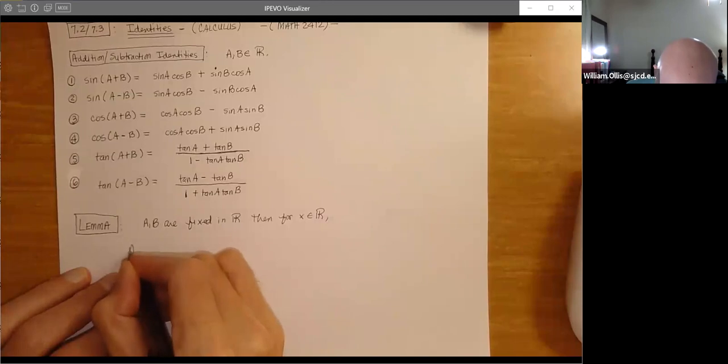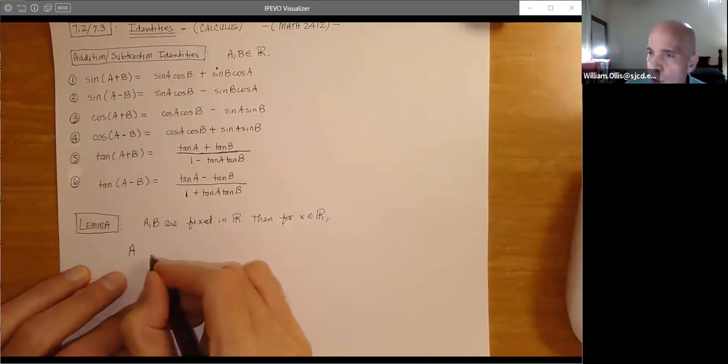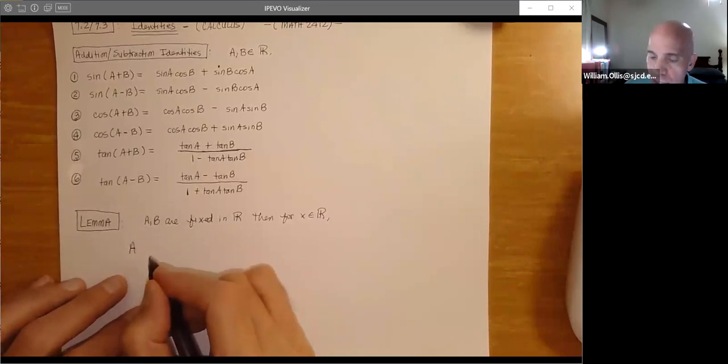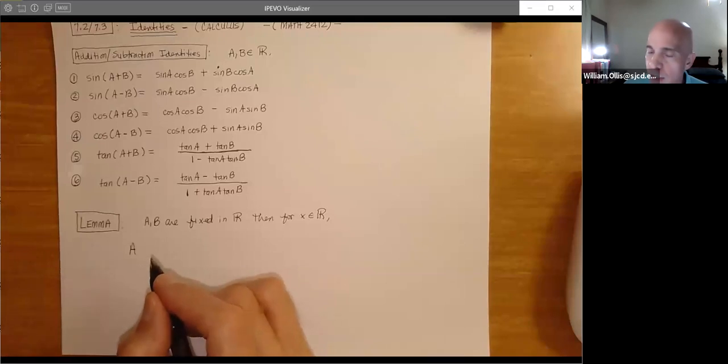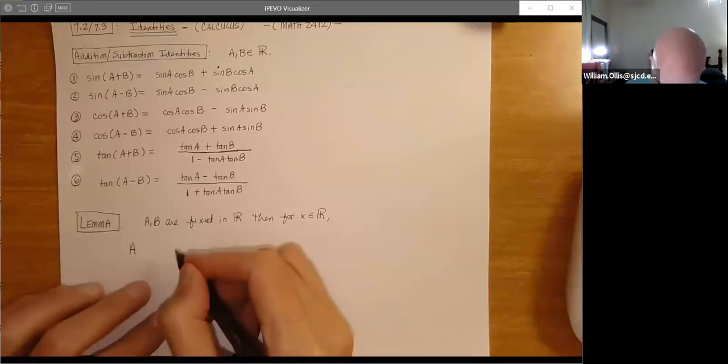The first time I ever saw this was in a differential equations class as an undergraduate, and now Dr. Stewart actually puts it in his textbook, and others have done the same as a way of introducing this before you get to calculus.